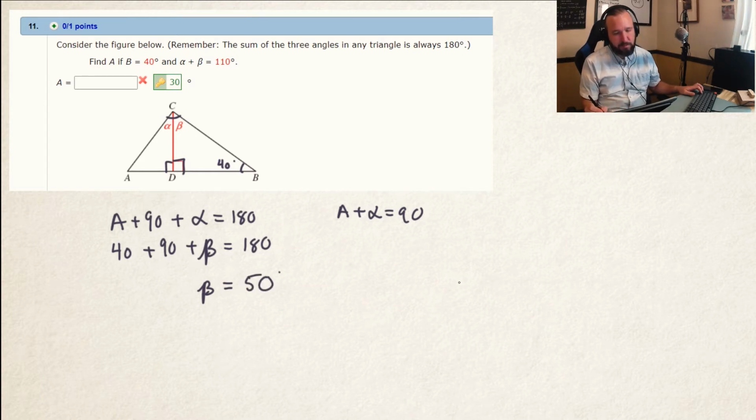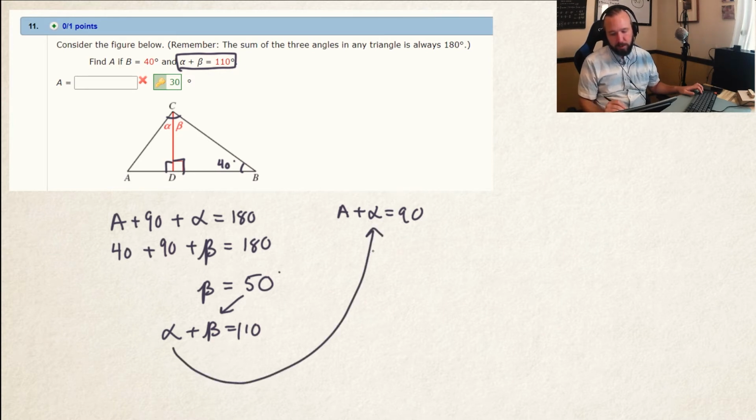I'm getting beta as 50 degrees. So we're almost there. They also give us alpha plus beta is 110. So you can just take this 50 right there and plug that in, and that'll let you get alpha. And then once you know that, you can just take that alpha and plug it in right there, and that'll let you get A.